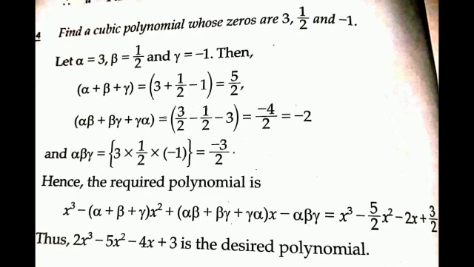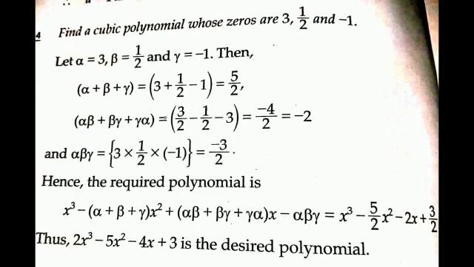So it will give us 3/2 - 1/2 - 3, which finally gives us -4/2, which is equal to -2. Next, the product of its zeros, that is alpha into beta into gamma, that is equal to 3 into 1/2 into -1, which gives us -3/2.